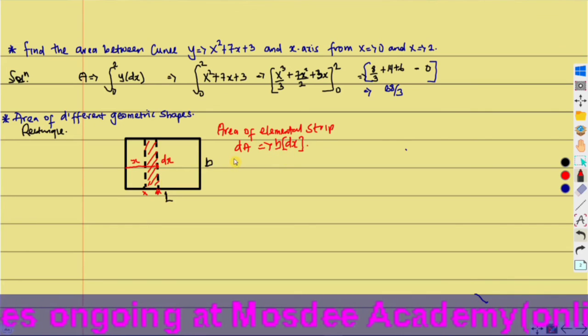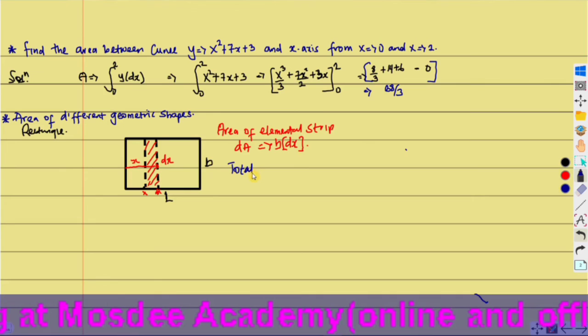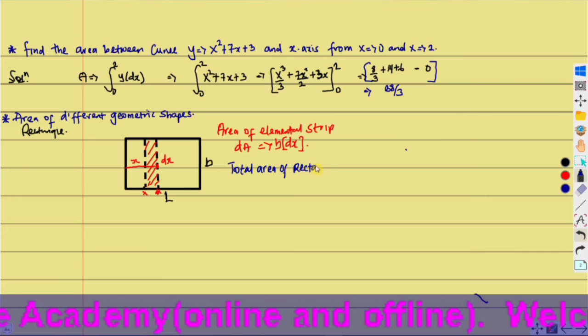Now, definitely, if I need the total area of the rectangle, we can say the total area of the rectangle will be equal to, because now I'm taking the whole length, from this particular initial point to this particular point.